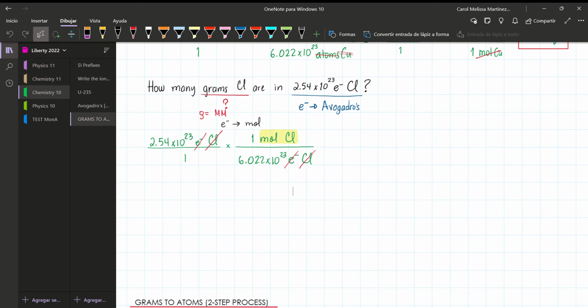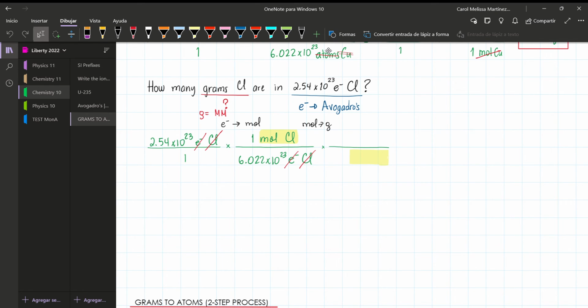Now, what I want to do is from moles to grams. If I want to go from moles to grams, I need to use the molar mass as a conversion factor. So, I'm going to write the molar mass here in the way that I can cancel my moles. Remember, moles of chlorine needs to be written in the bottom. Why? Because you want to cancel the moles of chlorine.